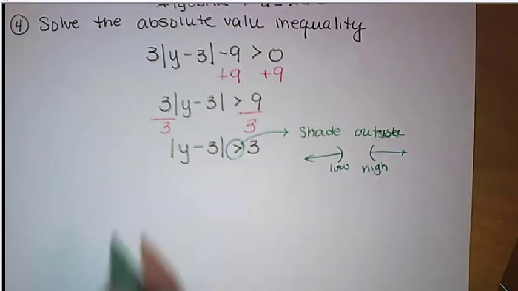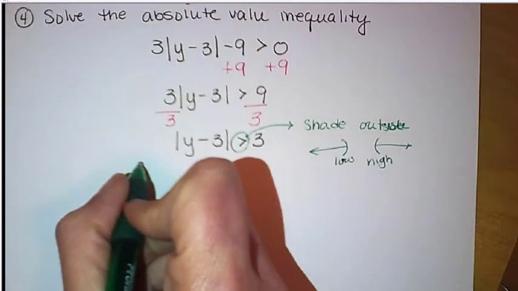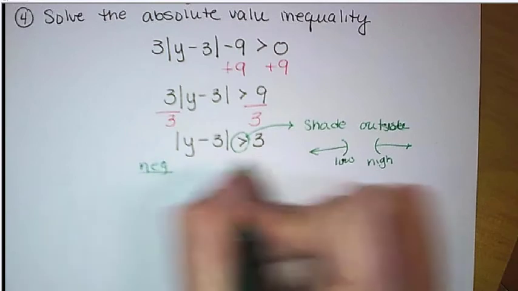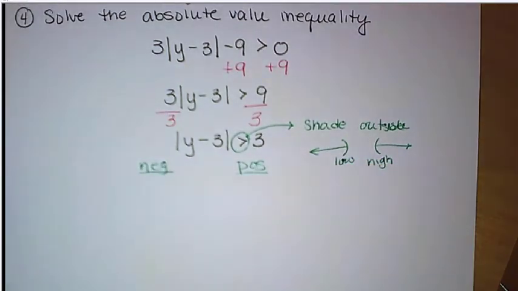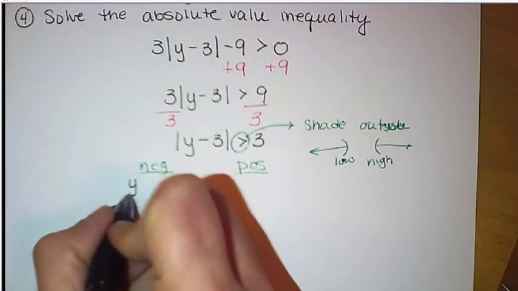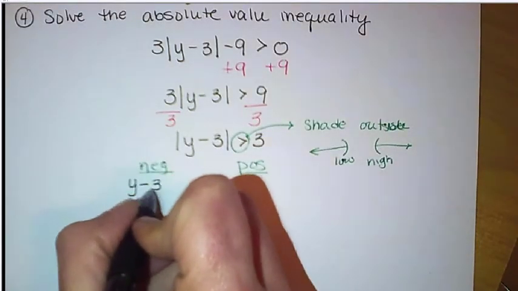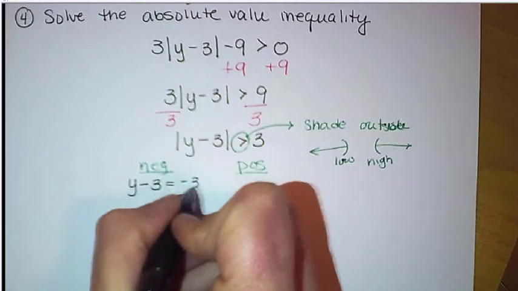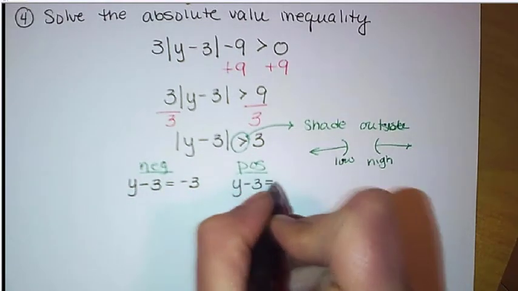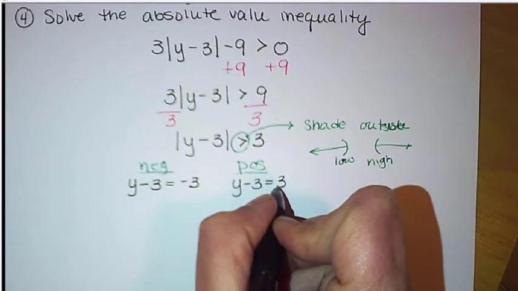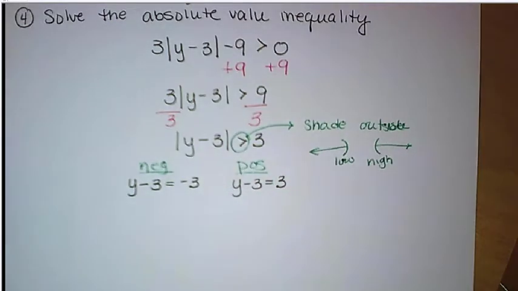In order to find that low and the high, we need to find our negative and our positive equations and solve those too. So remember our negative, all we're going to change is that 3. So we're going to say y minus 3 is equal to a negative 3. For our positive, y minus 3 is equal to a positive 3. And now we just need to solve each one of these.